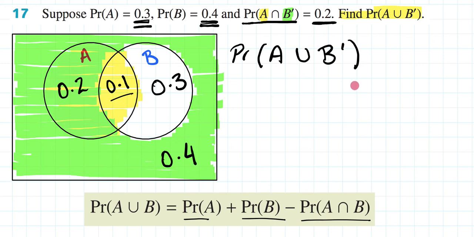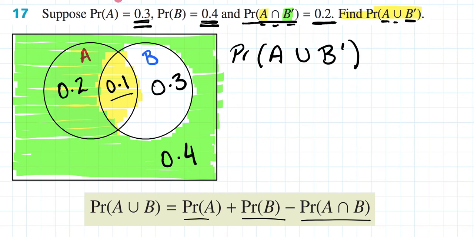Hopefully you can see that we've already done the coloring in for this. A was here, and the complement of B was here. So we've already colored in A in yellow and the complement of B here. Now, instead of finding the intersection, we're finding the union.